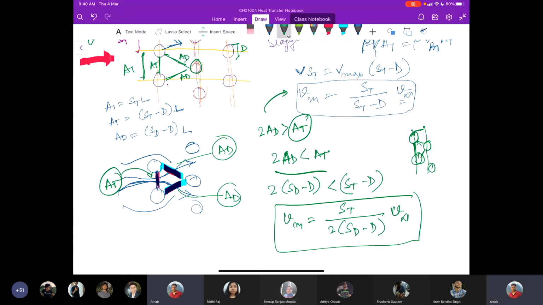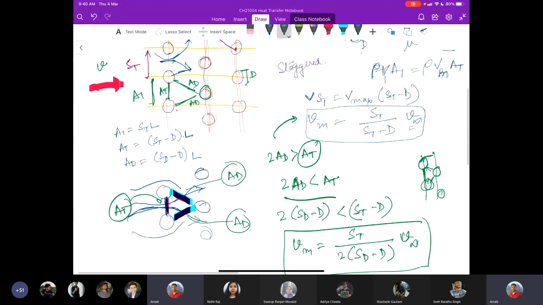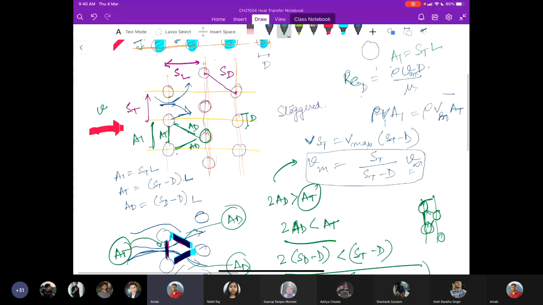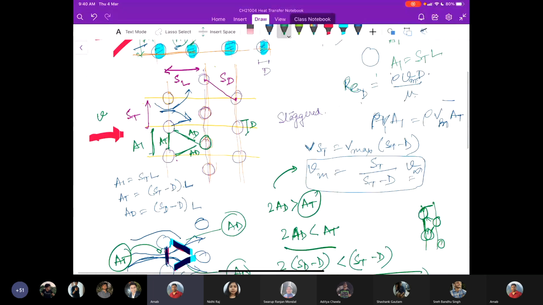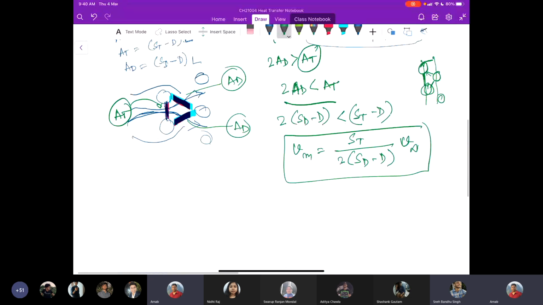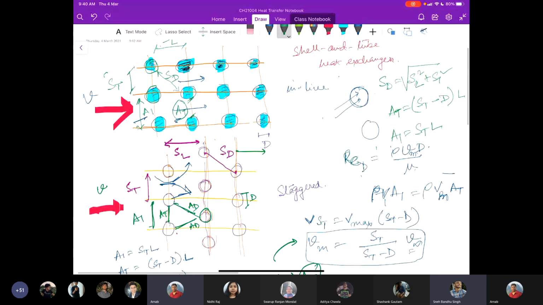But in this case, what would be the SD? What is the value of SD in a staggered arrangement? Is it the same? No, sir. It will be under root SL square plus ST square by 4.